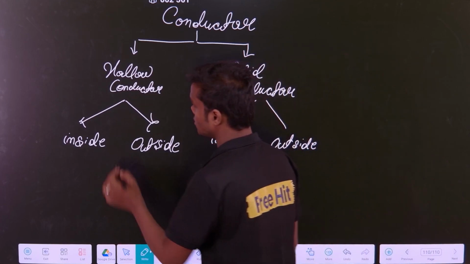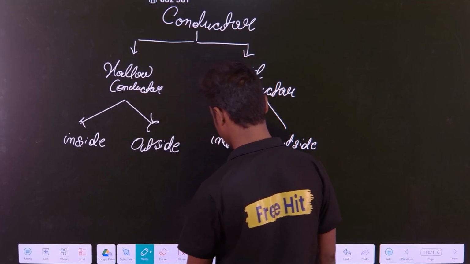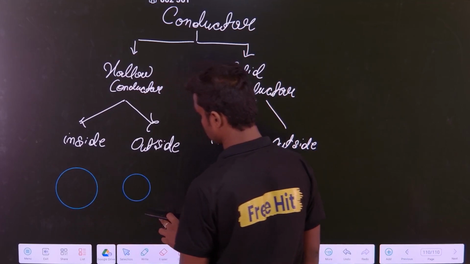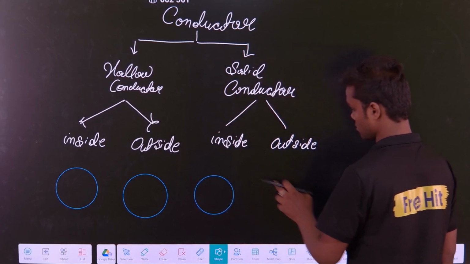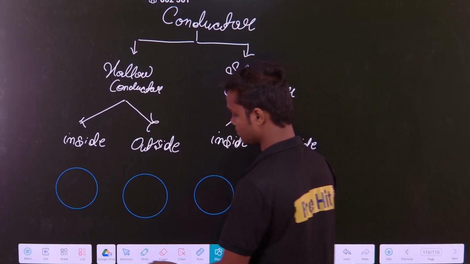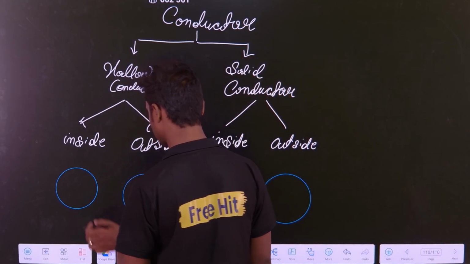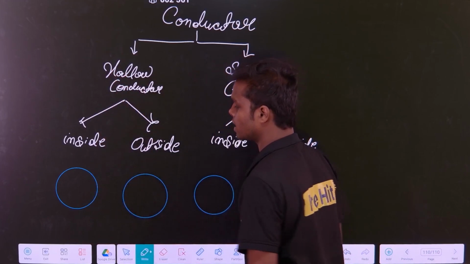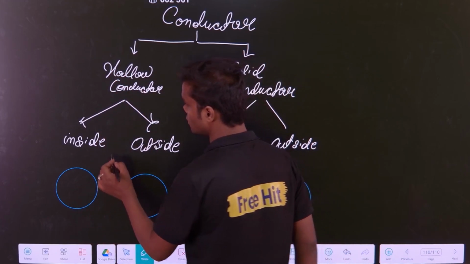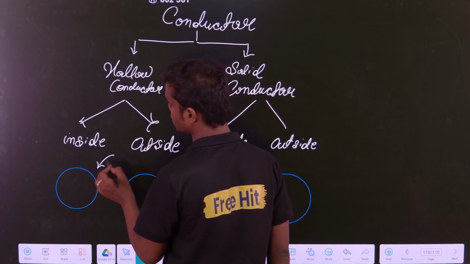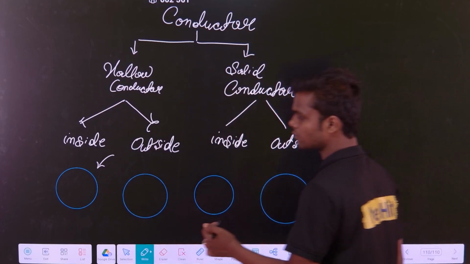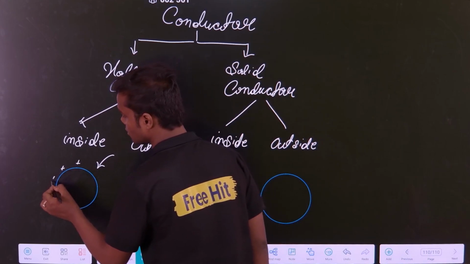Let me draw for you. See, these all are conductors. In this case, this is hollow, meaning there is no material inside. As it is a conductor, whatever charge I give, all the charge will be present on the surface, correct or not?